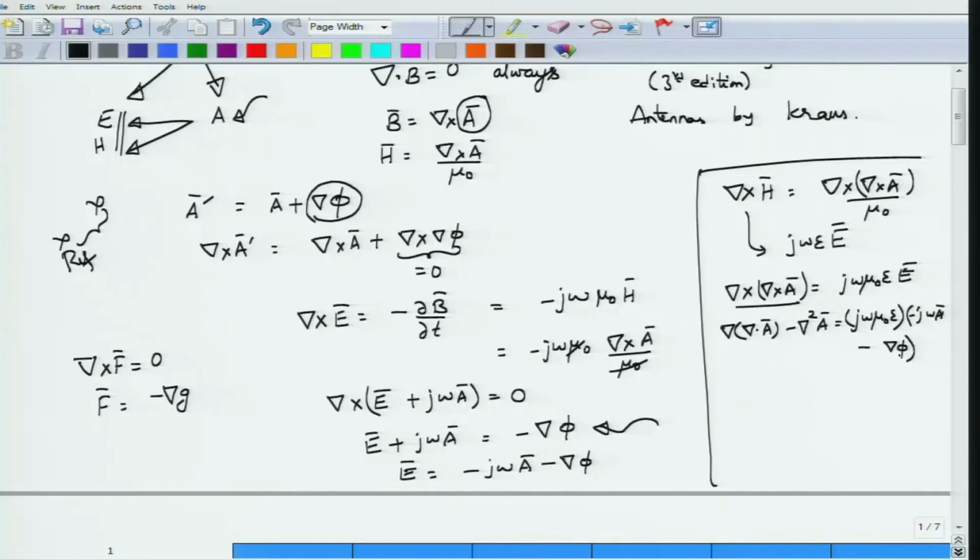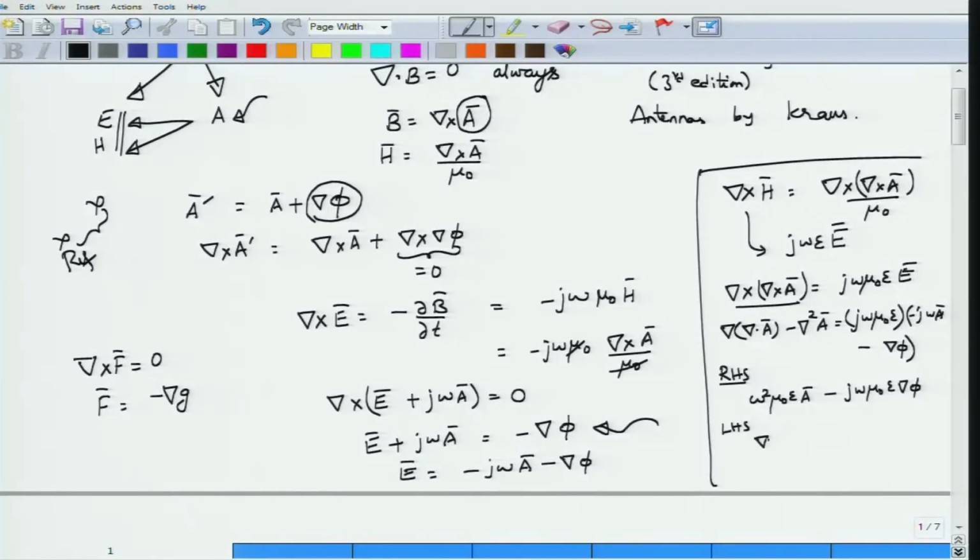So, it is kind of getting difficult to write down this one. So, I will only write down the RHS term here. Expanding this, I get omega square mu 0 epsilon A, that is this term, minus j omega mu 0 epsilon gradient of phi. What happens to the left hand side term?